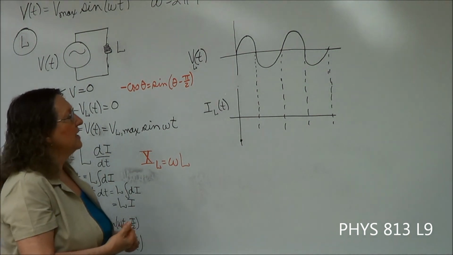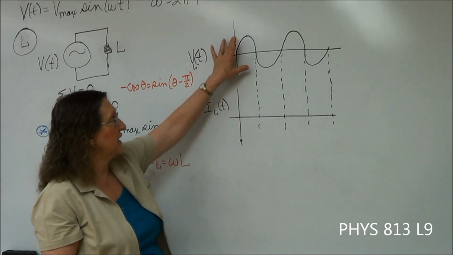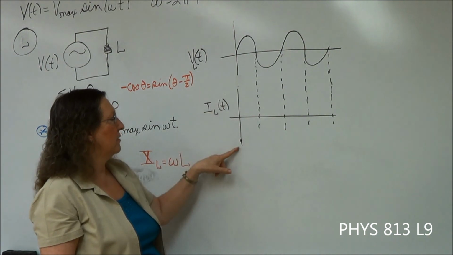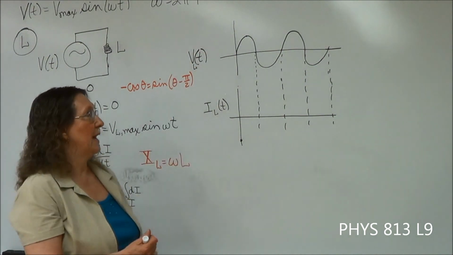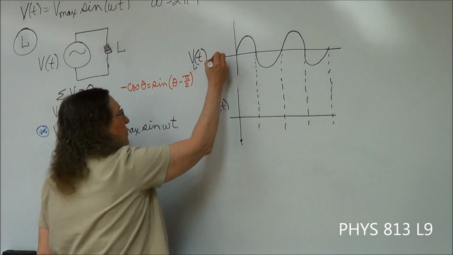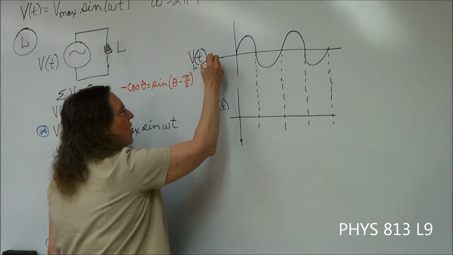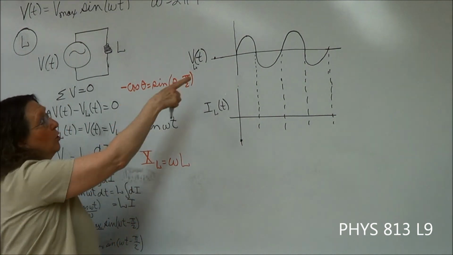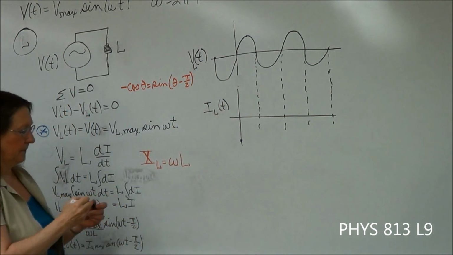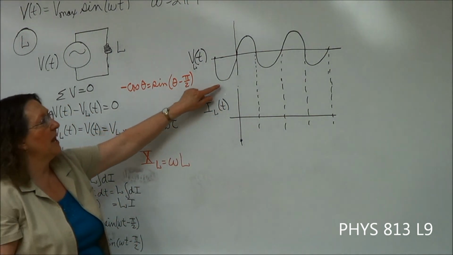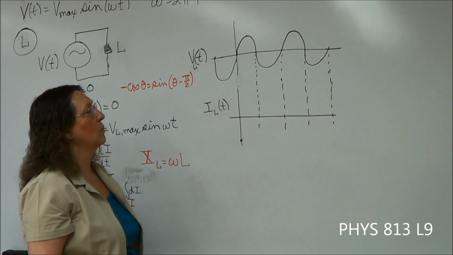Now, the way to think about this, you might say, well, how am I going to get anything out of this to be down here? So I'd have to move this way over to the left. Well, we don't do that. What we do is we go back up to our voltage graph and we draw the preceding bump, or dip in this case. So the easy thing to do now is shift our voltage graph 90 degrees to the right.